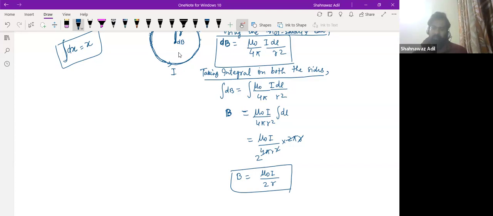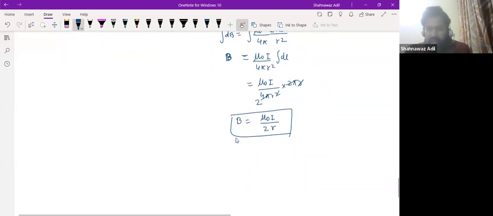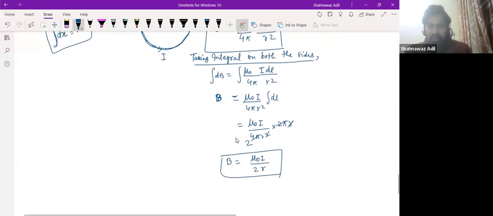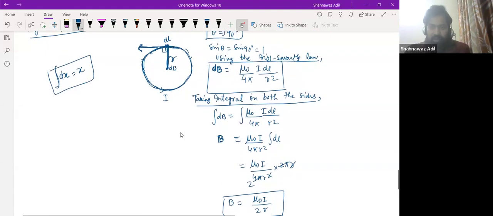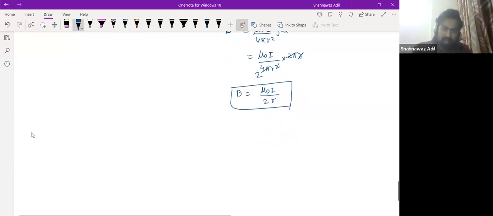Is it clear? Yes. So we have calculated the magnitude, and we have to also show the direction. So calculate the direction.